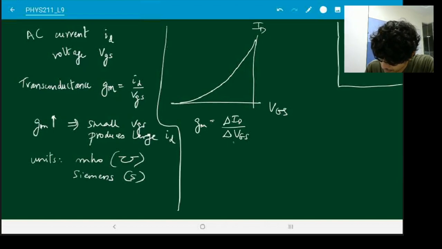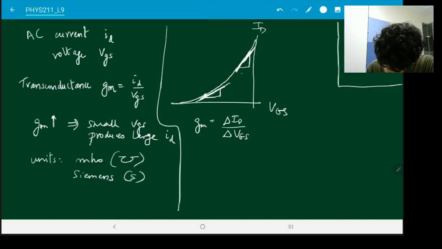So this is just the slope of this curve. If you are at this point, then your gm is given by this slope. If you are higher up, then the slope actually increases. So gm will vary depending on where you are.